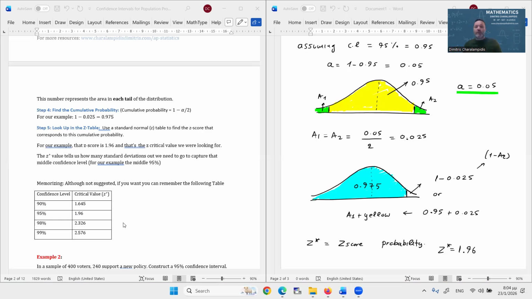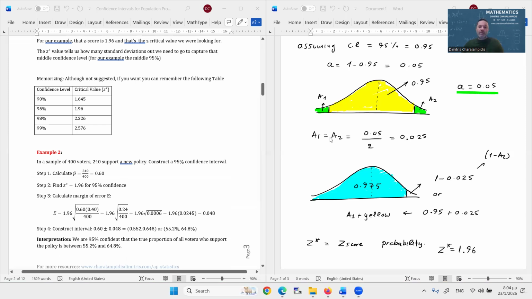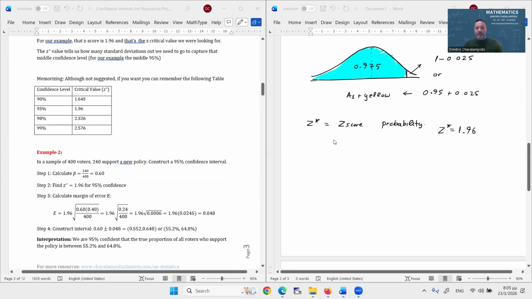If you have a confidence level of 95%, the z critical score will be 1.96. I showed that before. If we have a confidence level of 98%, the corresponding z critical value will be 2.326, and so on. Finally, let's seal this video with an example of how we can actually create a confidence interval.